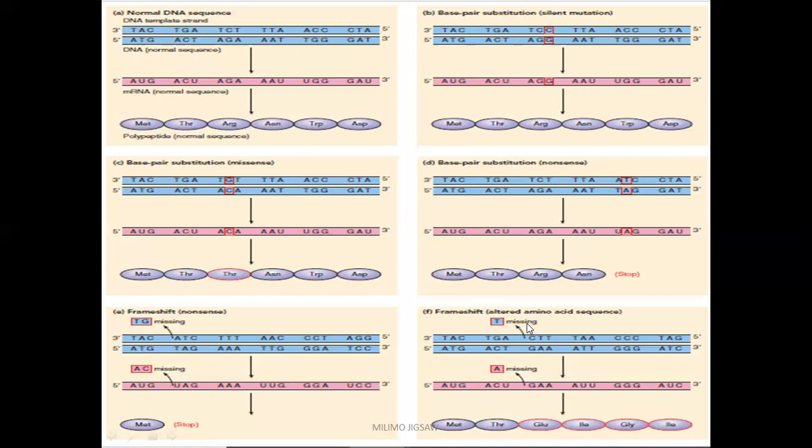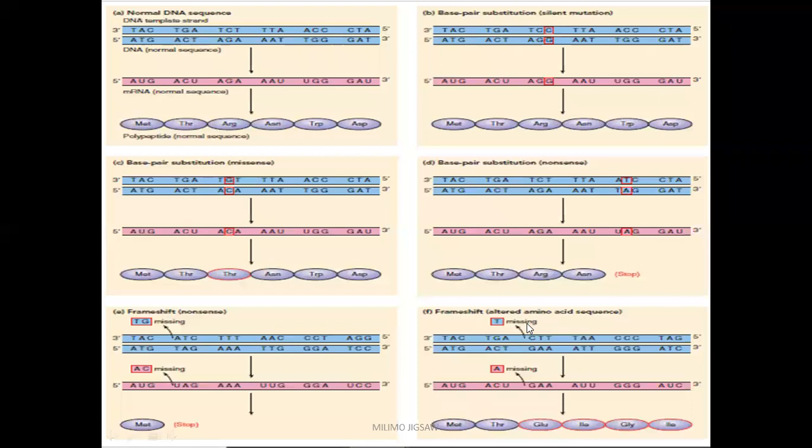So in short, when I talk about frameshift, there is either a deletion or an addition of a single base. Now these actually have more profound consequences than the substitution of one base pair for another.